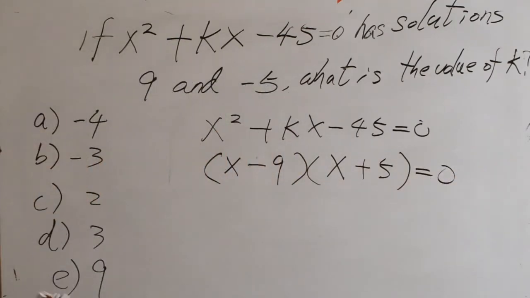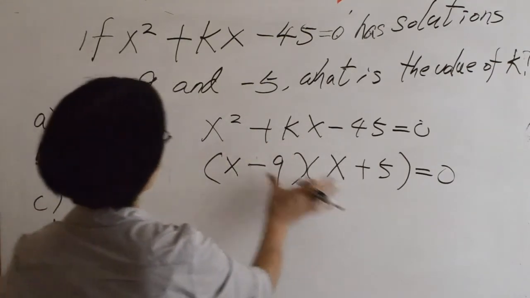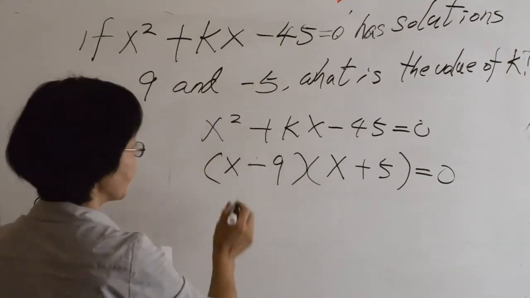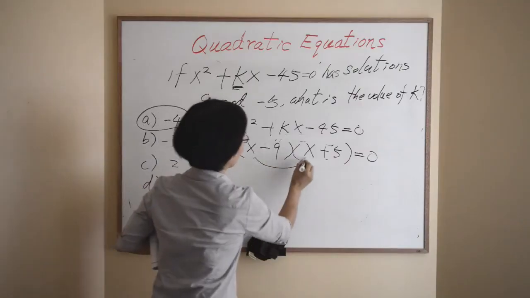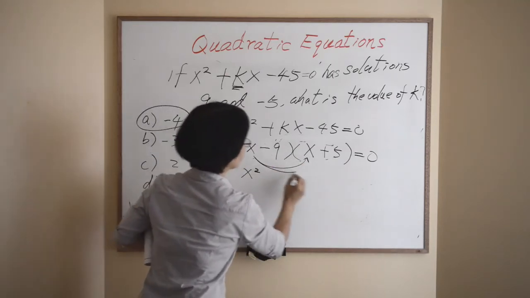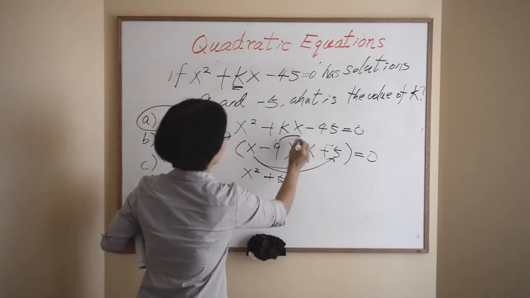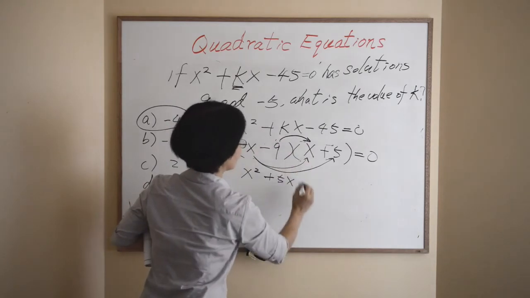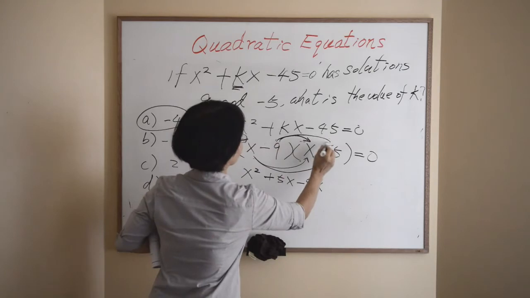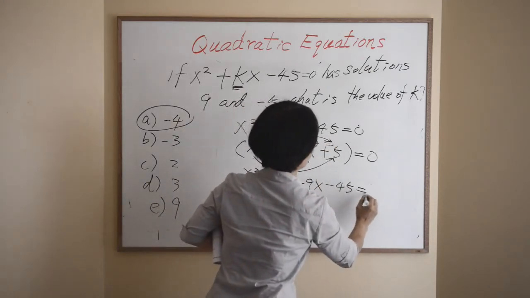Okay, so this thing here can be factored as this in order to have the answers of 9 and negative 5. Okay, so if you open this up, x times x here, we got the x squared, and then x times 5, so we got 5x. Then this times this, we got negative 9x, and this times this is negative 45, equal to 0.